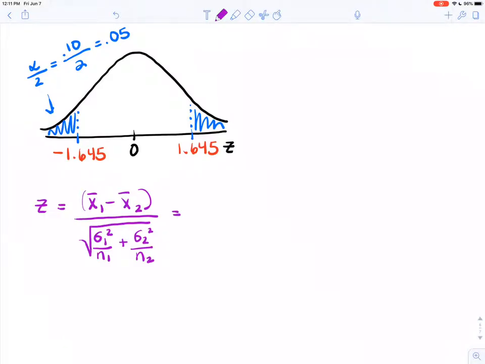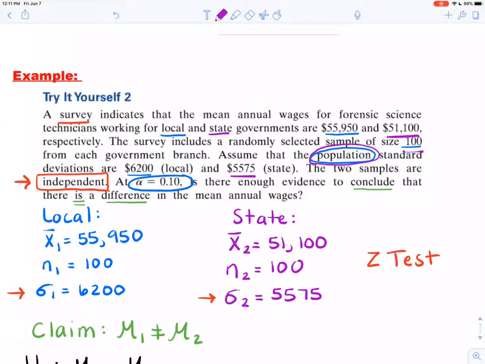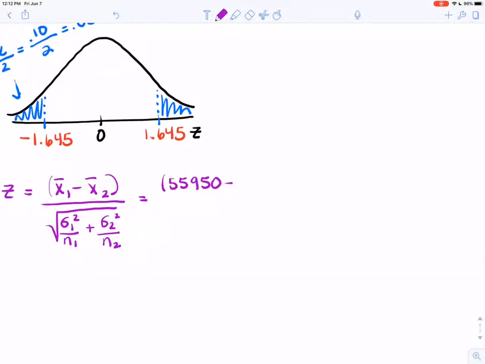All right, so based on all the data that we wrote down at the beginning, we're going to take our first sample mean of 55,950. We're going to subtract the sample mean for the second group, which is 51,100.